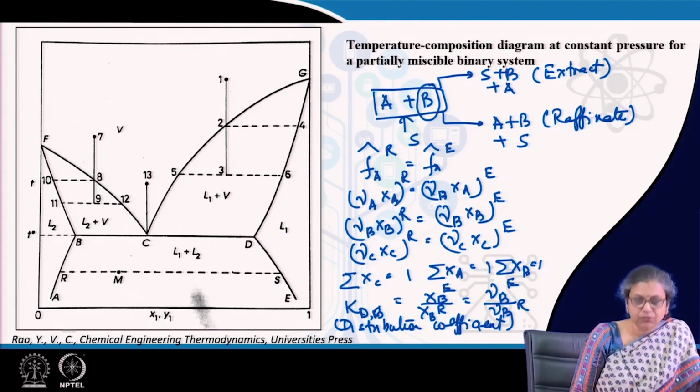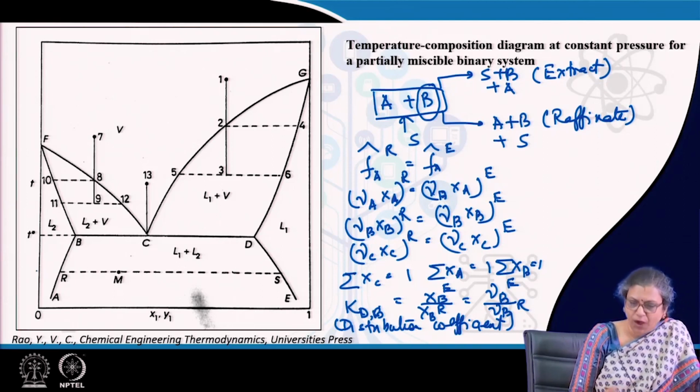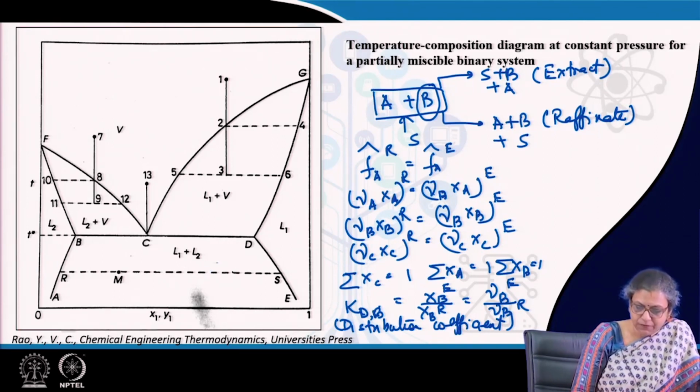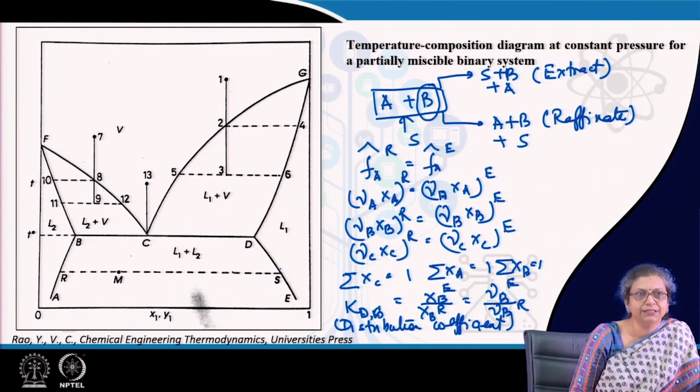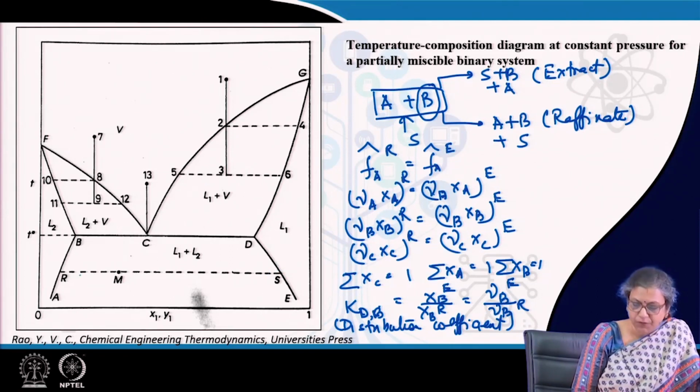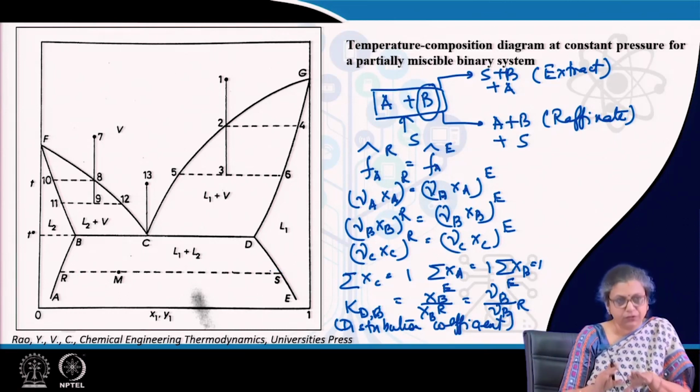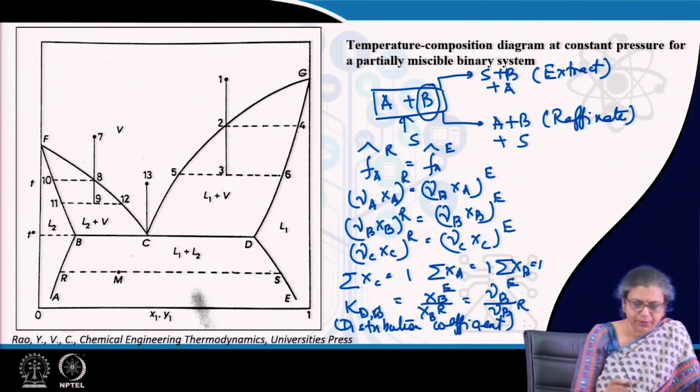Over some particular range, say for example, we start with pure liquid L2, and then we start adding L1 there. Gradually we find that there is one particular zone where the Gibbs free energy of the solution is higher than the Gibbs free energy of the two components taken separately.